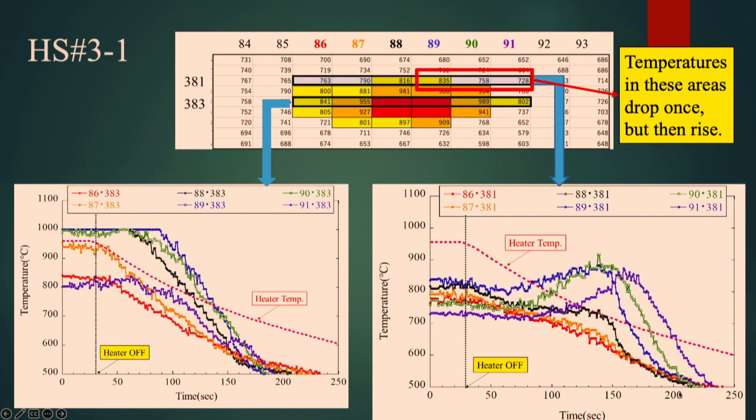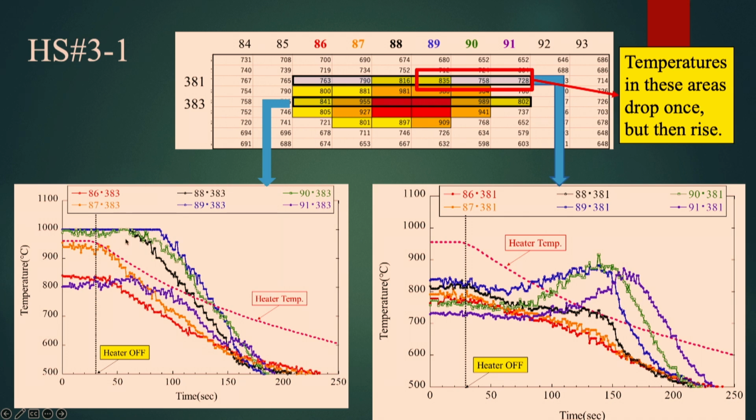However, this hotspot is different. In this case, we can see a very hot spot exceeding 1,000 degrees centigrade. It's an overrange for the measurement.